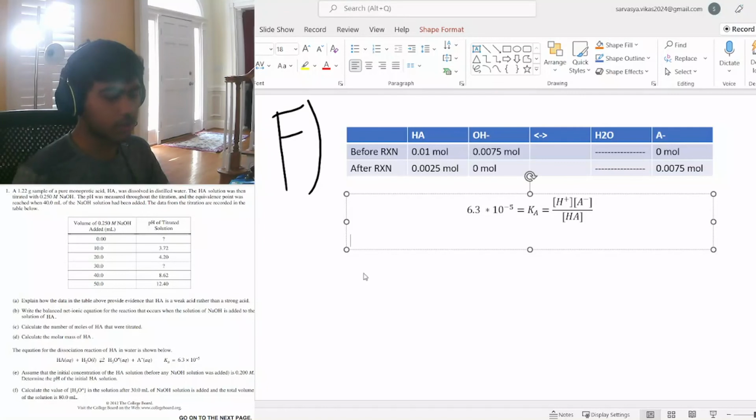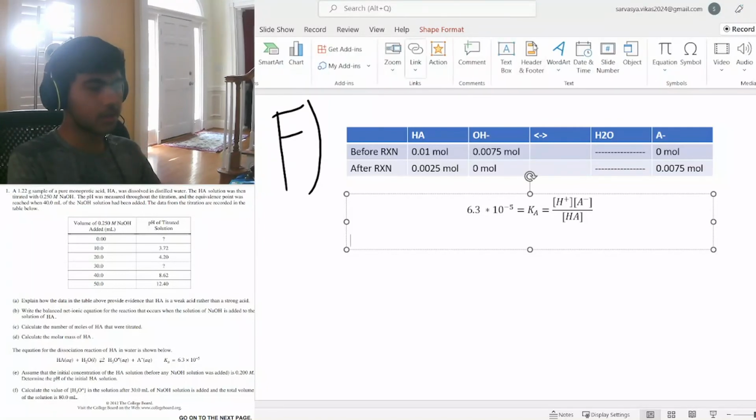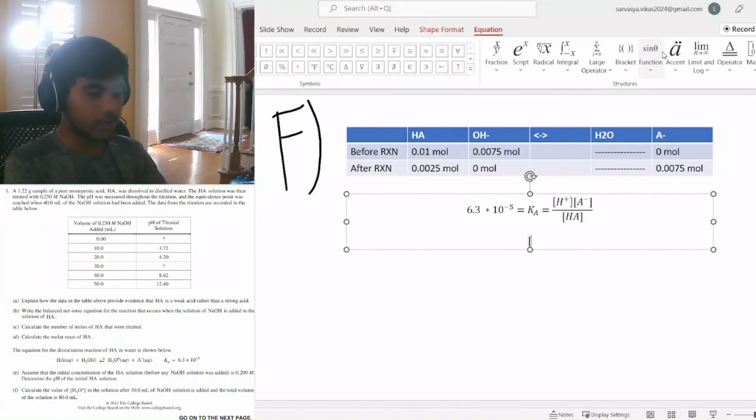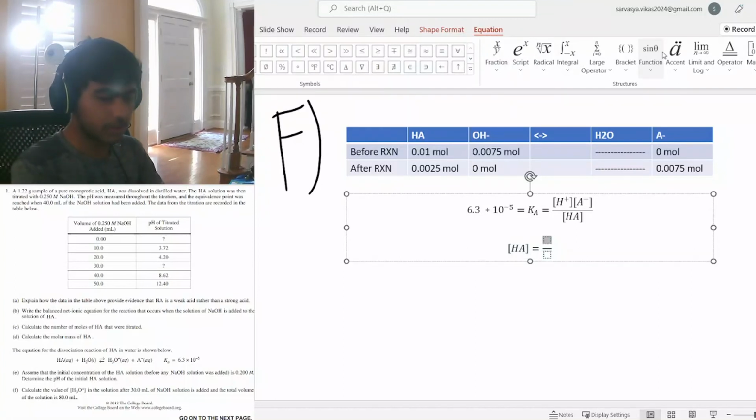Let's plug and chug. So we have HA equals 0.0025 moles over the 80 times 10 to the negative 3 liters.